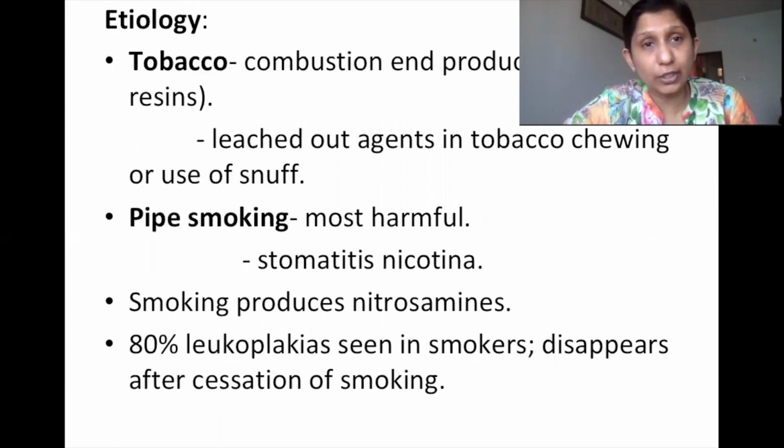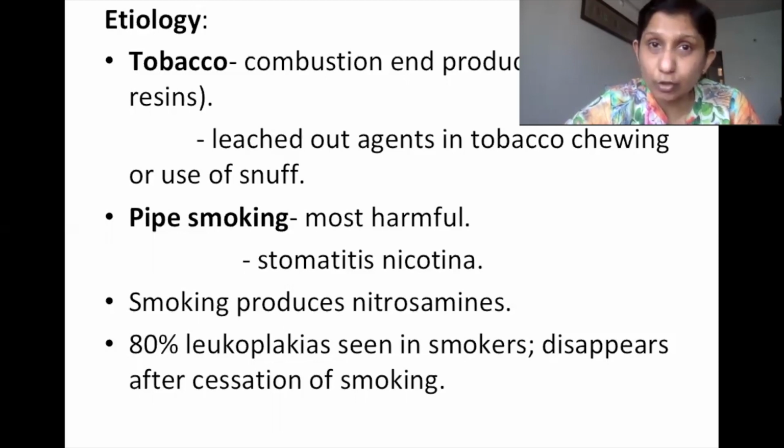So coming on to the etiology of leukoplakia, it is almost always associated with tobacco. Tobacco can be used in different manners. You can use tobacco while smoking, so that is smoking tobacco. Then you have smokeless tobacco.